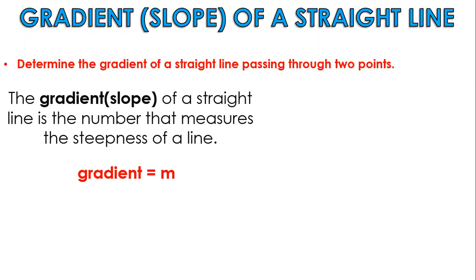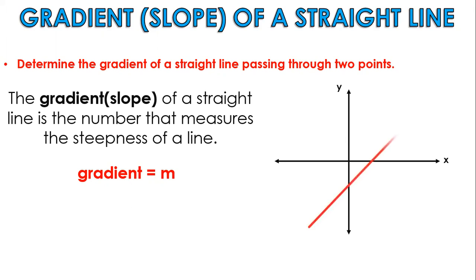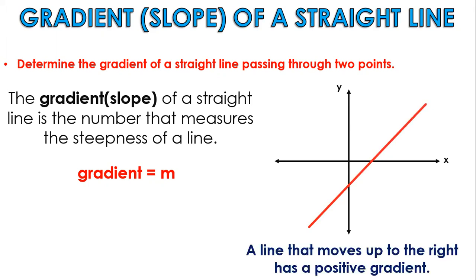On a Cartesian plane, we can identify the sign of the gradient depending on the movement of that line. Let us take a look at this. A line trending upwards from left to right has a positive gradient.